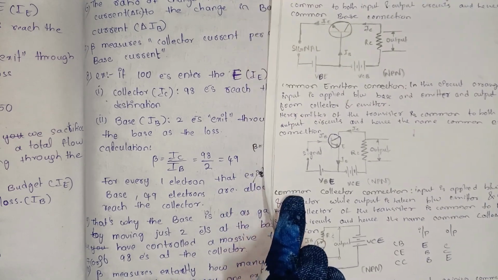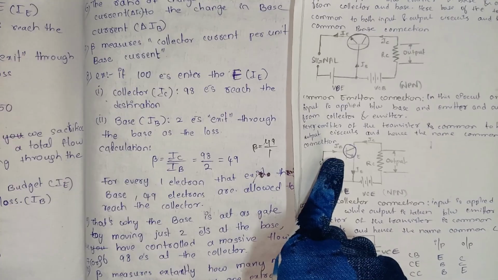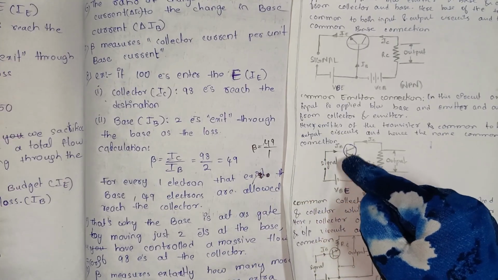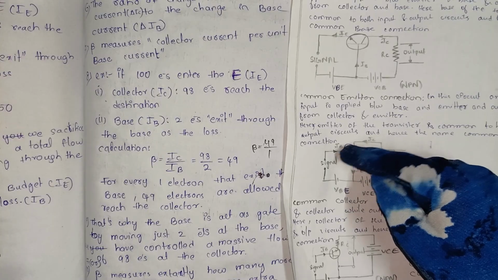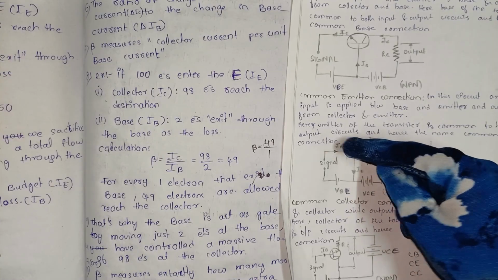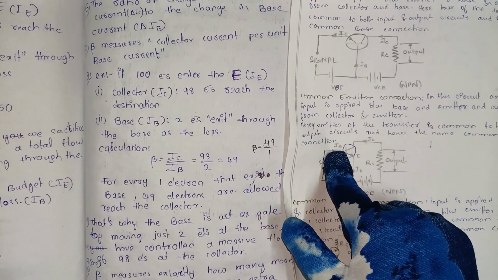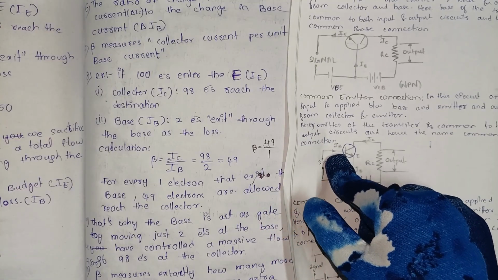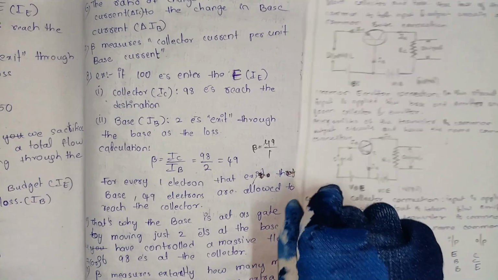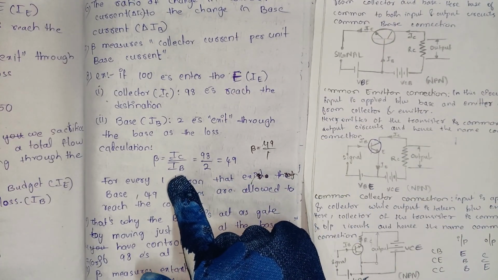Here, the 100 electrons are entered in the emitter, and 98 are passed to the collector, and 2 exit through the base. So we have substituted in the calculation formula.